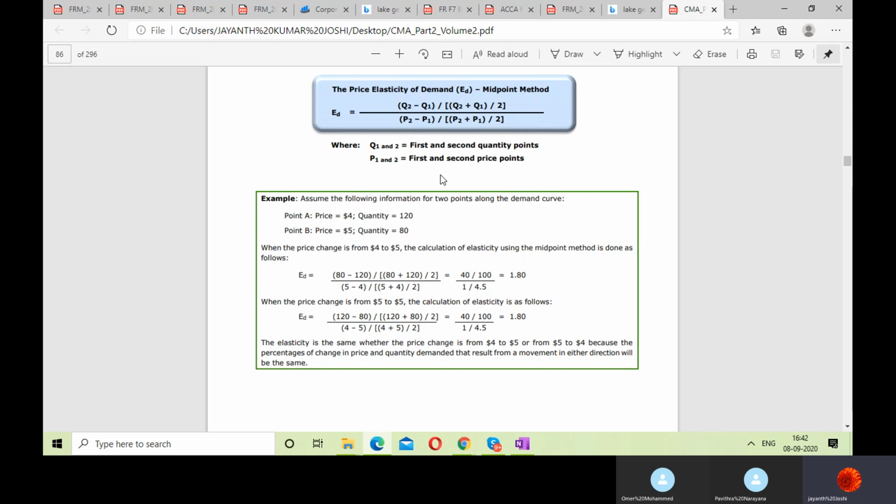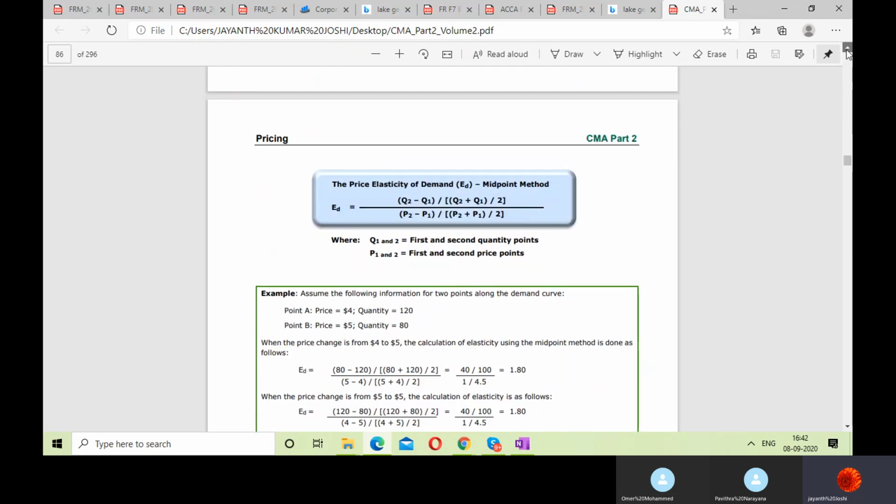And price also, first and second points, beginning and ending. So you are seeing the difference divided by the average, how they differ based on the average. Then you are finding the elasticity. So here we go.